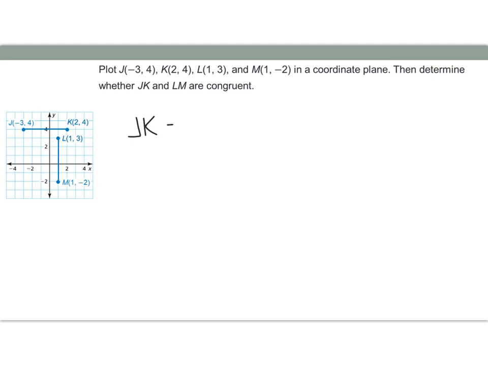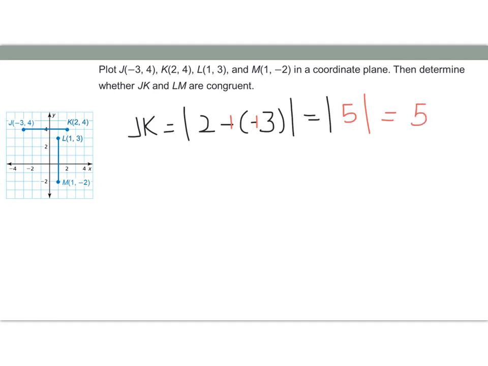And I'm going to do that by taking the absolute value of the difference of my x coordinates. So in this case, I have 2 minus -3. When I simplify this, I have the absolute value of 2 minus a negative, which really becomes 2 plus 3, or the absolute value of 5, which gives me a distance of 5.